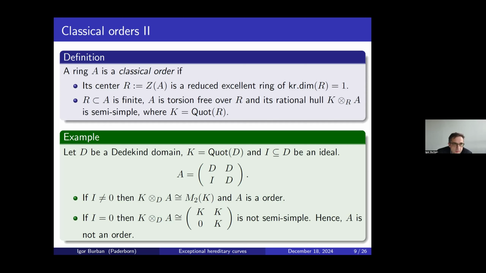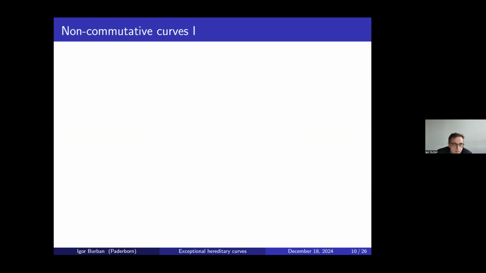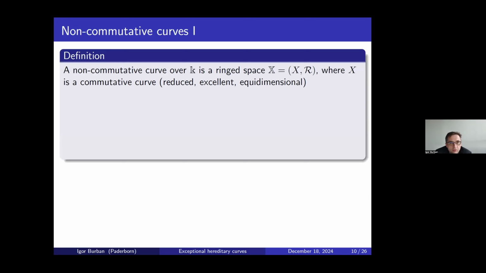All right, so now I think I am ready to globalize this notion, and I want to define non-commutative curves in the sense I want to use in my talk. So a non-commutative curve over a base field is a ringed space X, where usual X is a commutative curve. However, I want to exclude nilpotents. So excellent, again, to exclude pathologies; reduced, well, it is easier to do; and equidimensional, I do not want components of dimension 0.